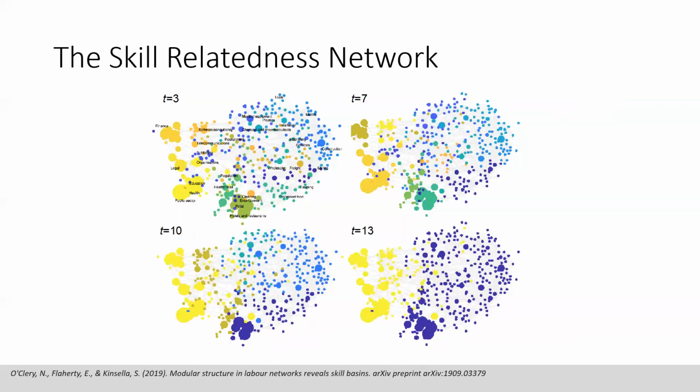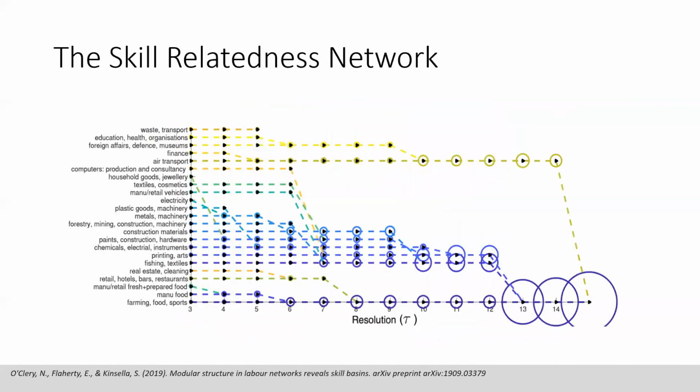So considering the modular structure where maybe you have many smaller communities up to where you have only a few but large communities. When considering these partitions in relation to each other, you can further learn about the modular structure of the network and how these partitions fit together.